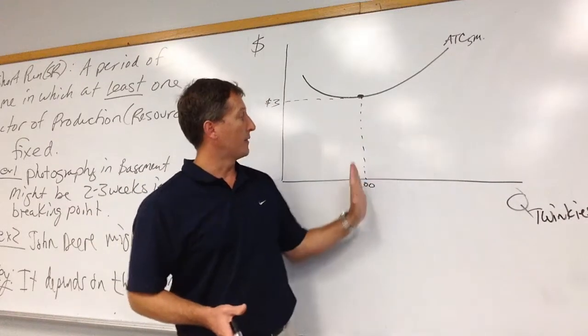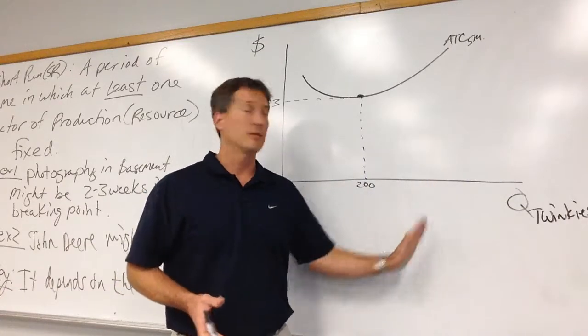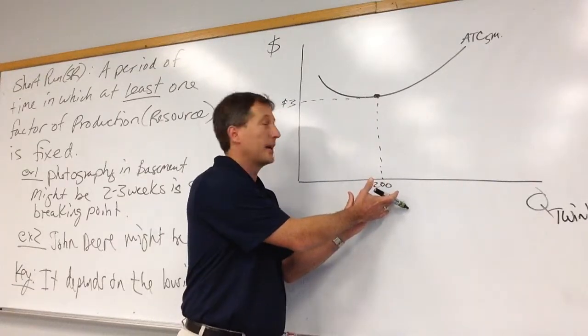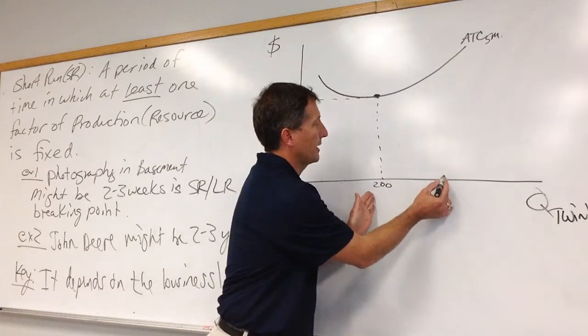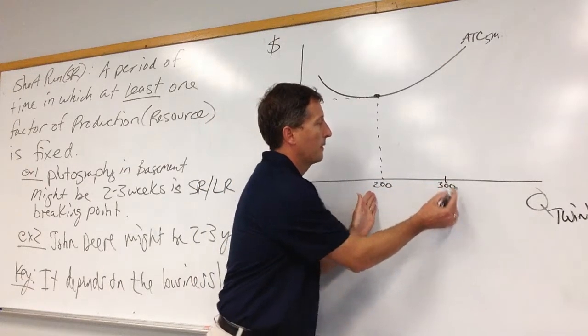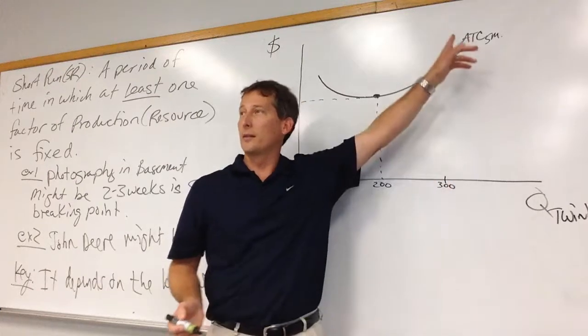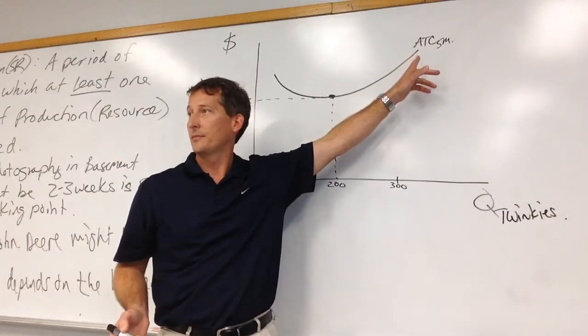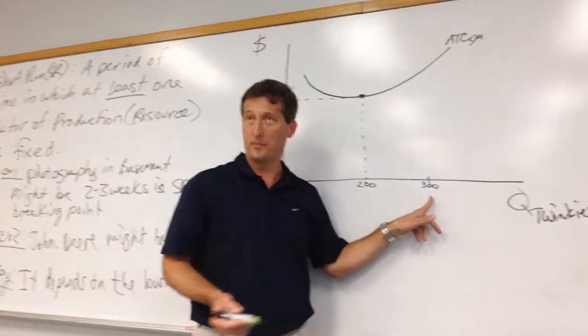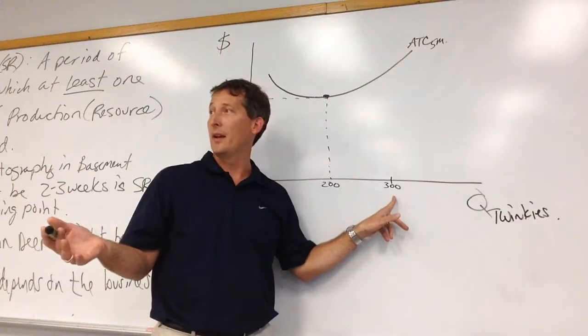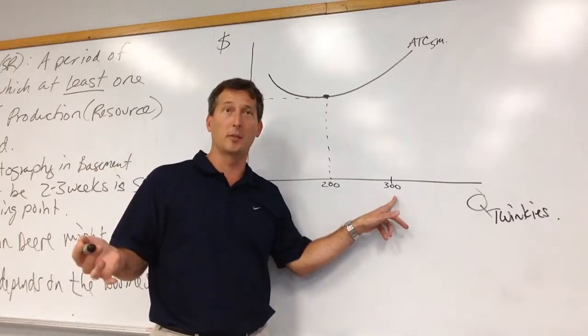Now, if next week's orders, this is orders per day, let's say, if next week we get an order for 300 Twinkies, do we go and lease out more space? If this is a week-by-week basis? No, we pay some overtime and we run our facility a little bit longer.